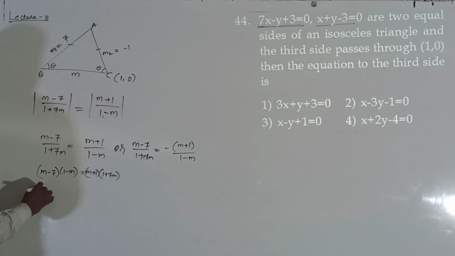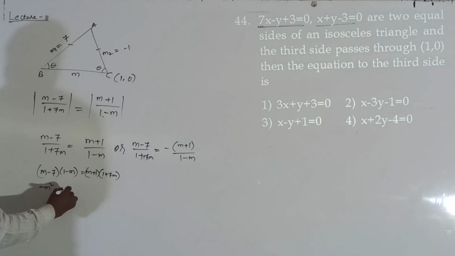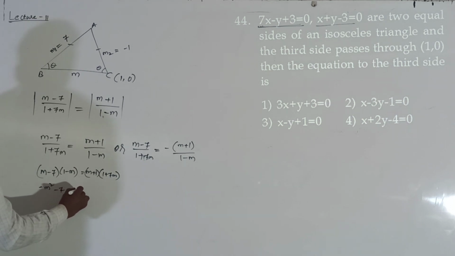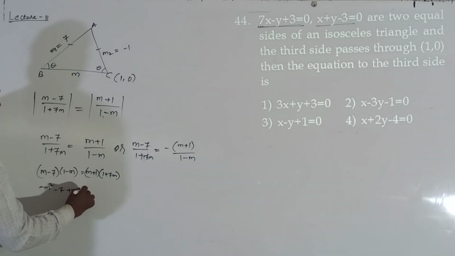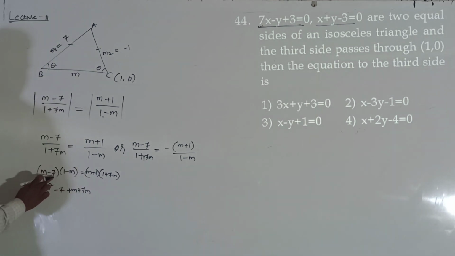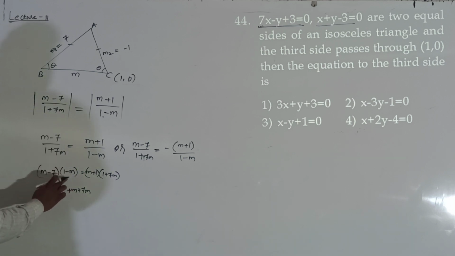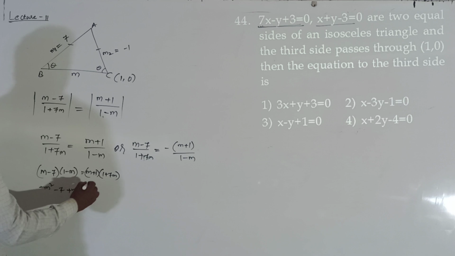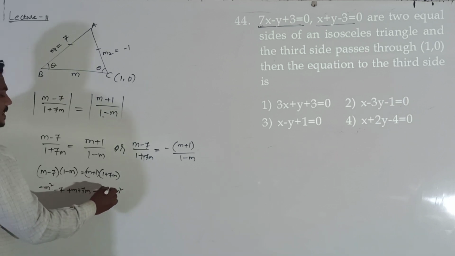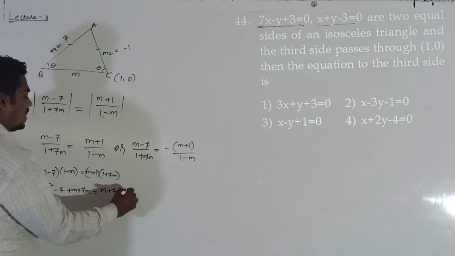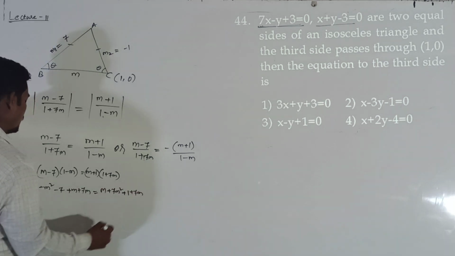Usual multiplication, it will be minus m square minus 7 plus m minus 7m, minus into minus plus 7m, m into 1 is m, m into minus m is minus m square, that's equal to m plus 7m square plus 1 plus 7m, right?